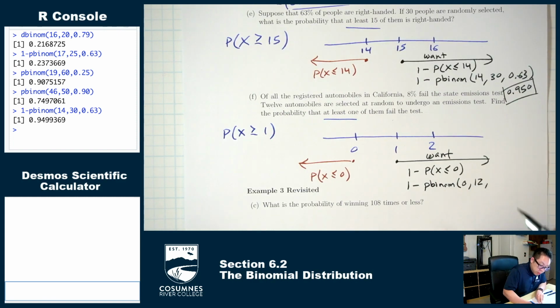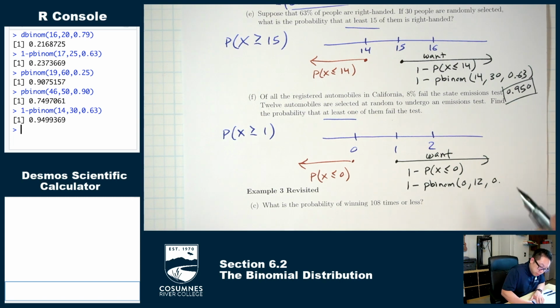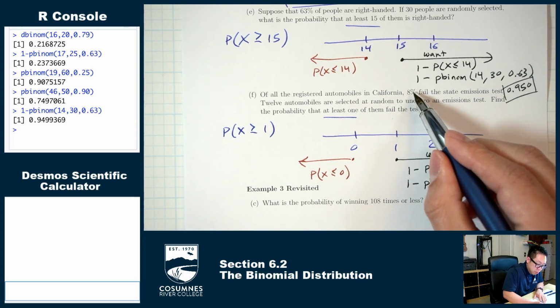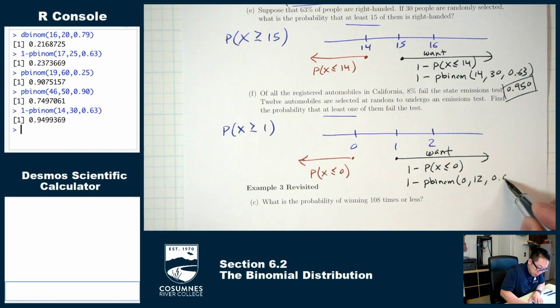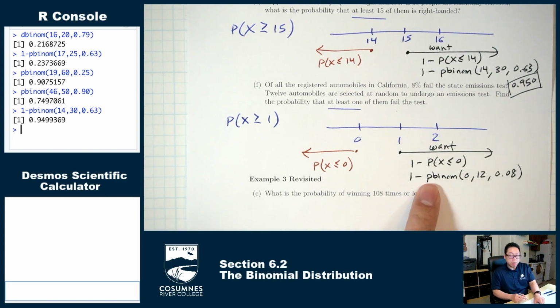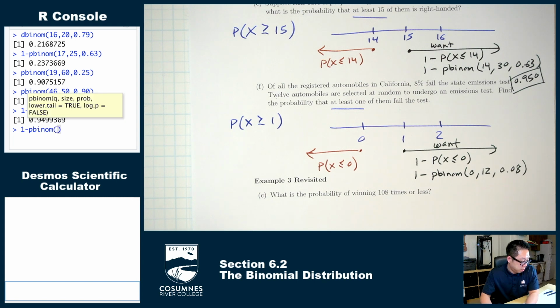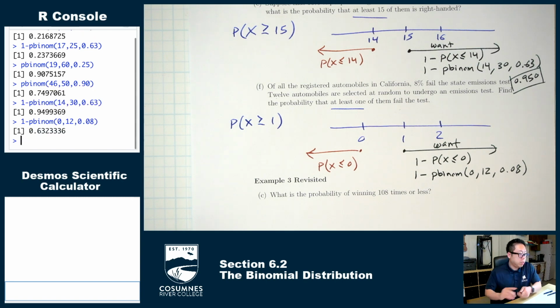And then probability of success is 8%. So be careful, 8% as a decimal is not 0.8. Right, so you move the decimal 2 to the left, so 2 to the left will be 0.08. And that's what you'll type in. 1 minus p-binom, 0, 12, 0.08. And 0.632.